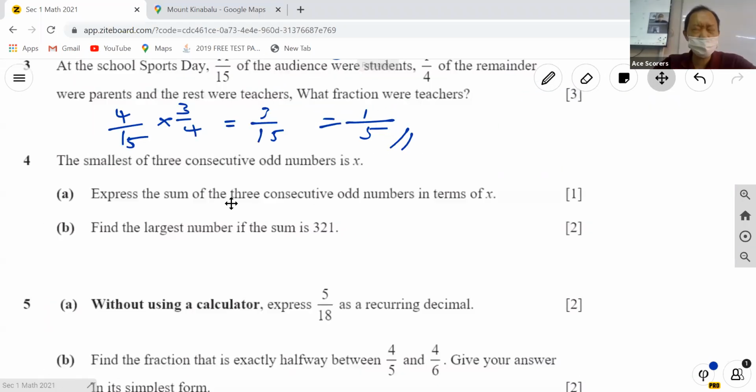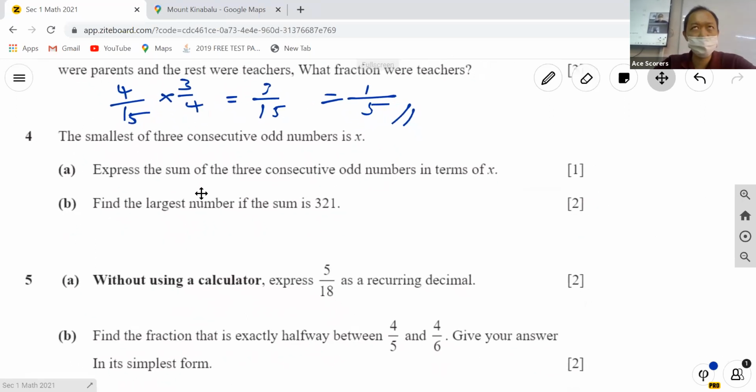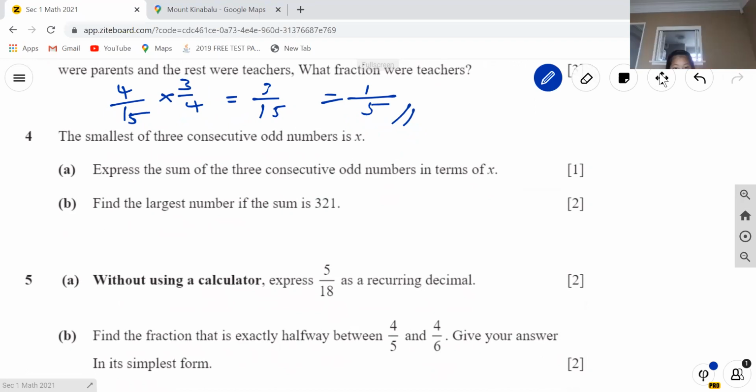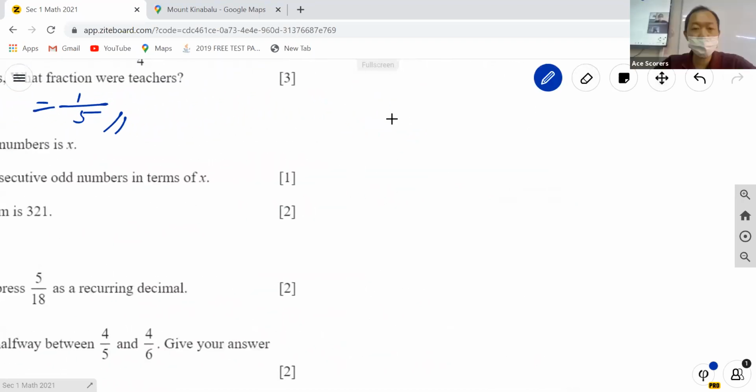So this time it's also using our algebra to solve the question. So express the sum of 3 consecutive odd numbers. Now since the smallest is x, okay, I'm going to use space. Since the smallest is x, the second number must be x plus 2. And the next number has to be x plus 4. Okay, why?